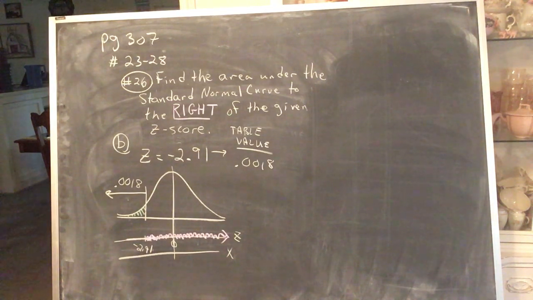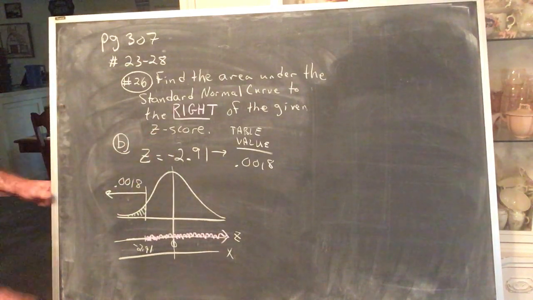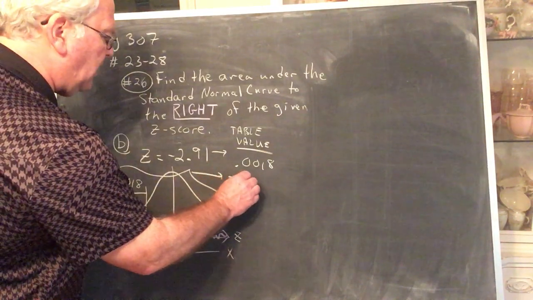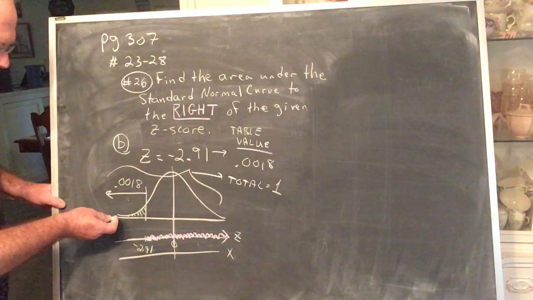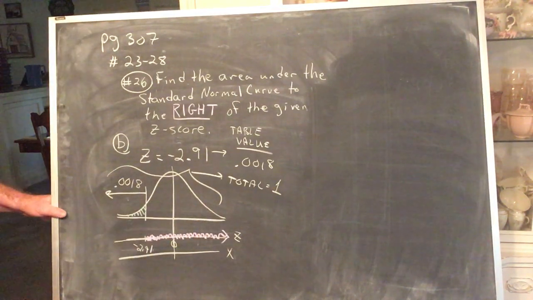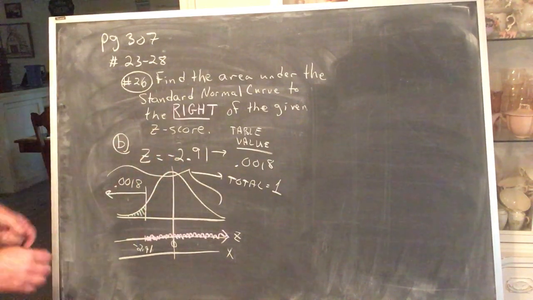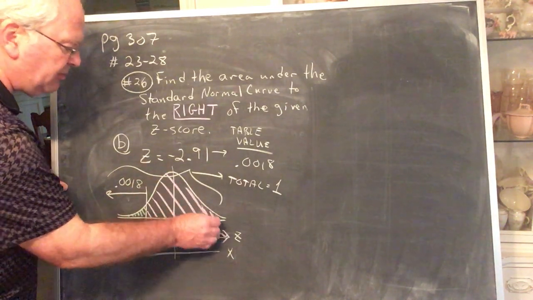It comes from the fact that the total area under the entire curve, the grand total area, is equal to 1. We want this large piece. I'm going to indicate this large piece by shading it with this purple. So we want this purple large piece.